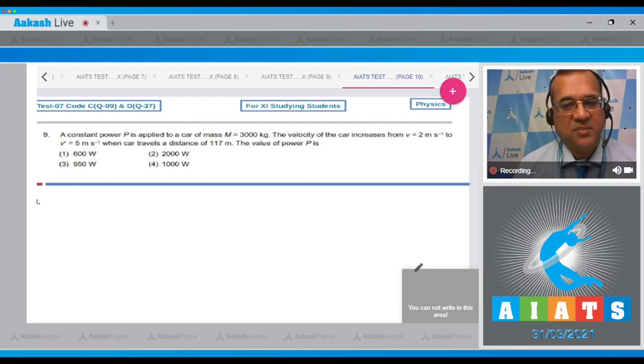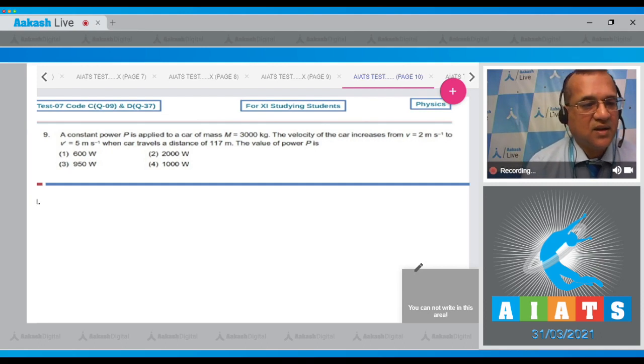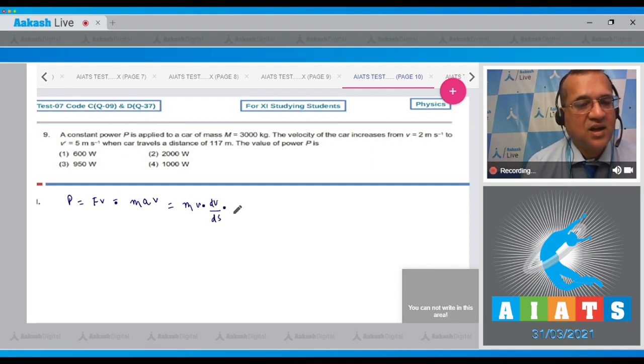Find the value of power P. Now dear student, the speed is changing and let's go to the formula, power, which is constant, which is equal to force into velocity, that is equal to mass, acceleration, velocity. We have to find the relation between v and s. So mass and velocity, I write v dv by ds into v, that is equal to m v square dv by ds.